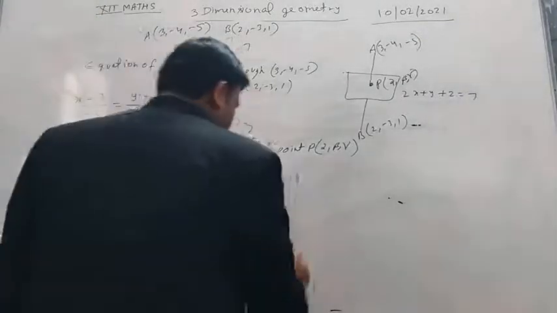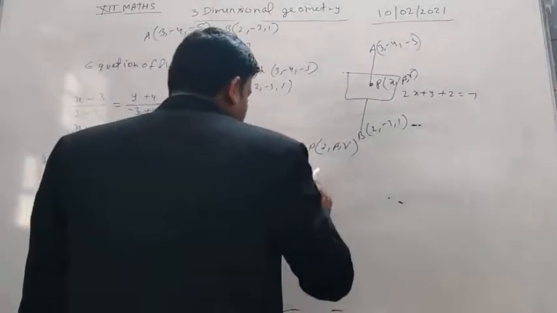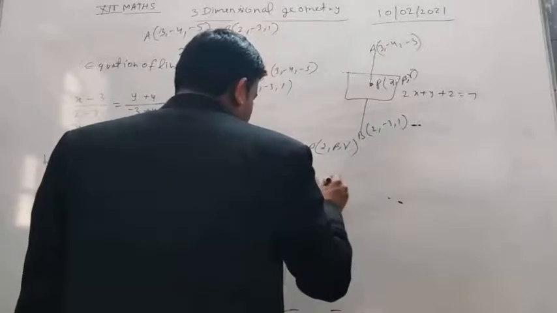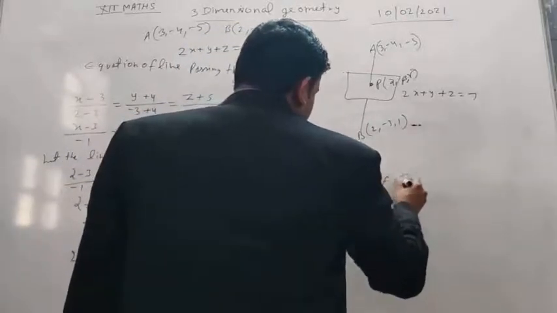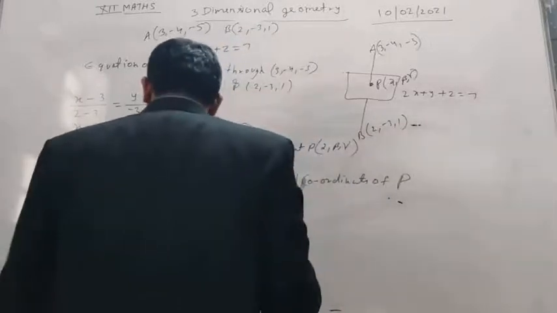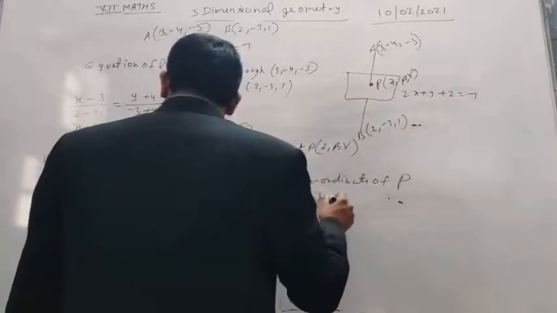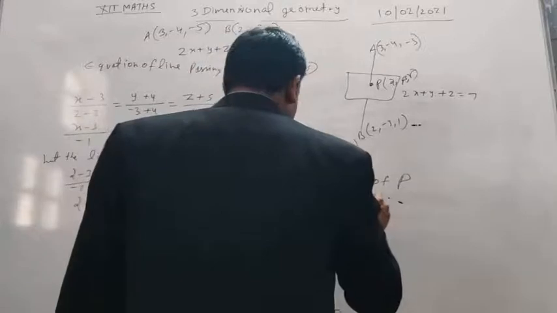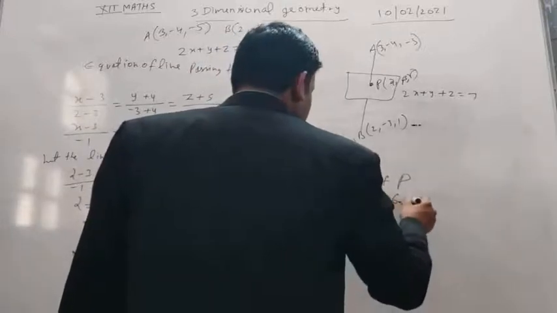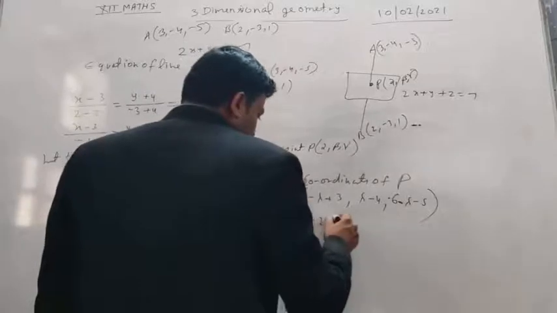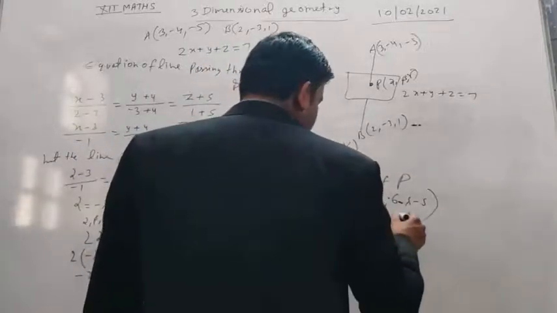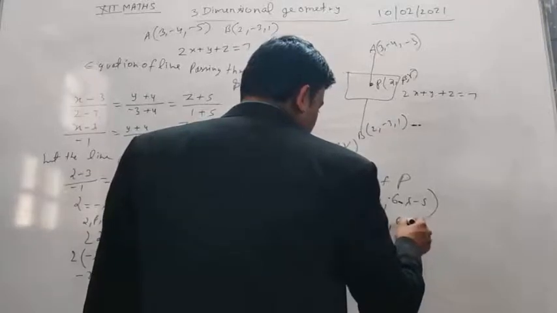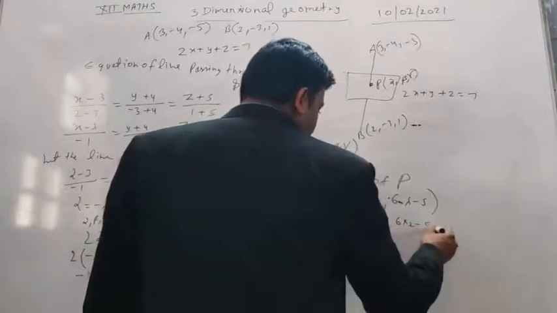Okay students, after getting lambda is 2, we find the coordinates of point P, which is alpha, beta, gamma. So the coordinates of P are minus lambda plus 3, lambda minus 4 and 6 lambda minus 5. So we put minus 2 plus 3, 2 minus 4 and 6 into 2 minus 5.